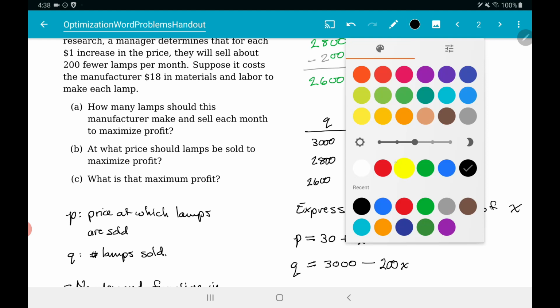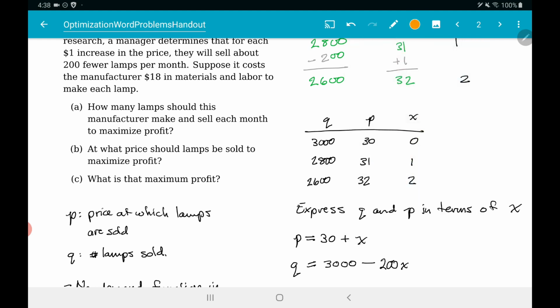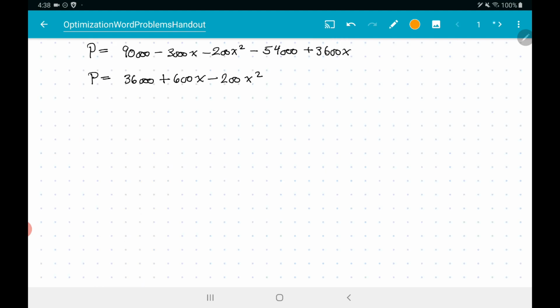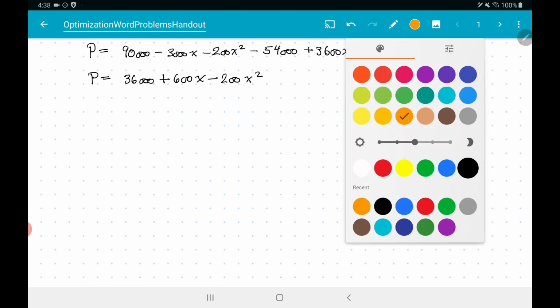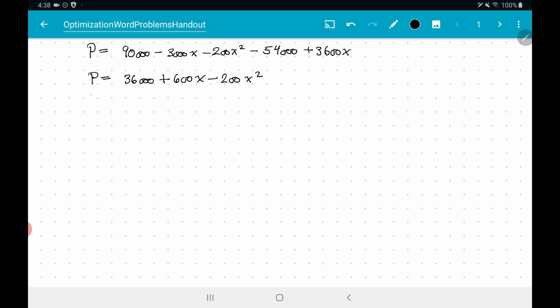Now we can get on with finding maximum profit. Well, how do you find the maximum of a function? Well, to maximize P, we need to look for critical points. Okay, how do you find critical points?